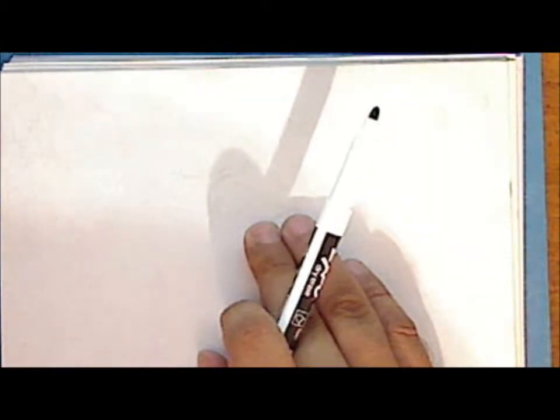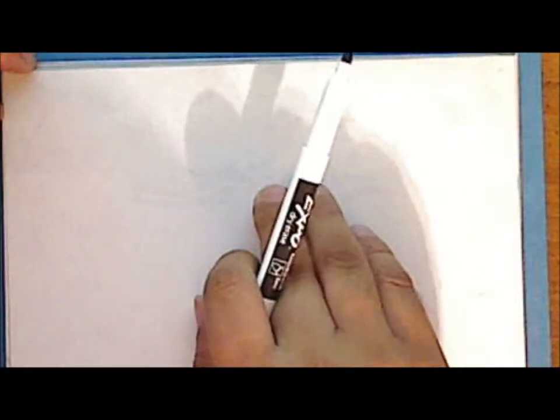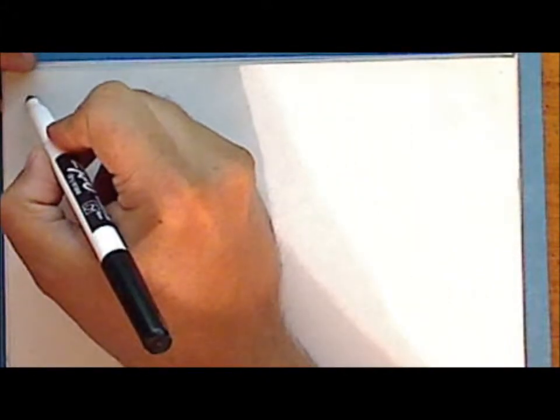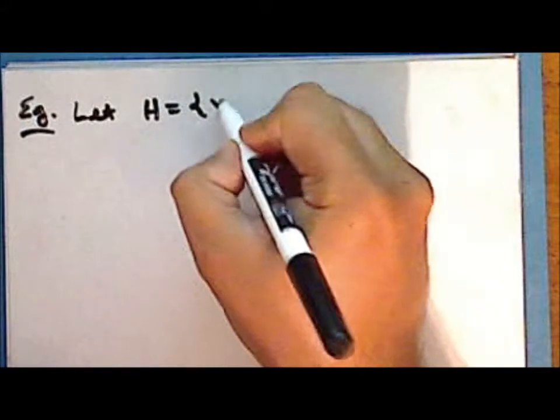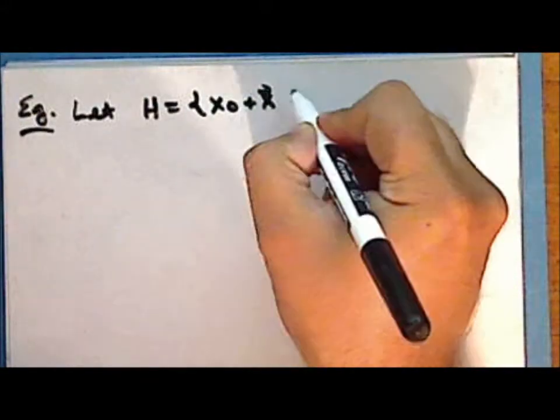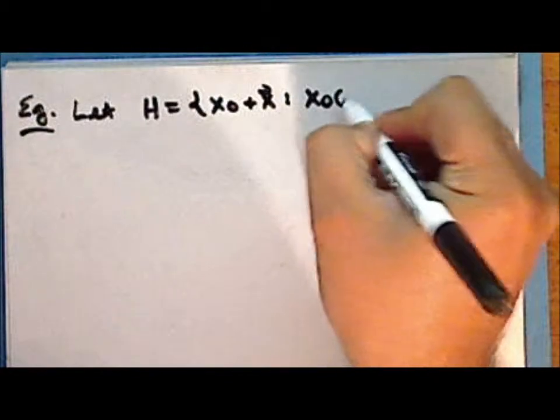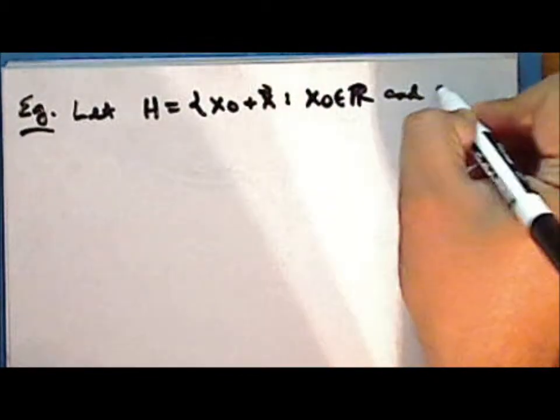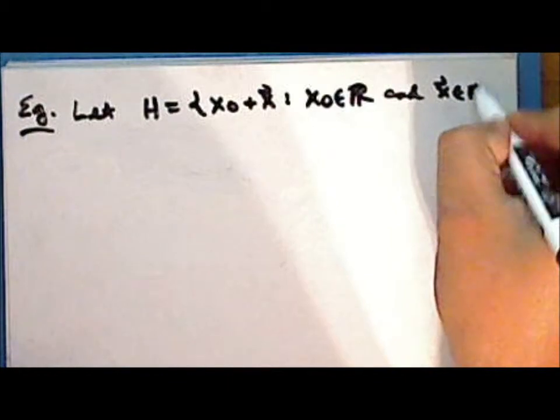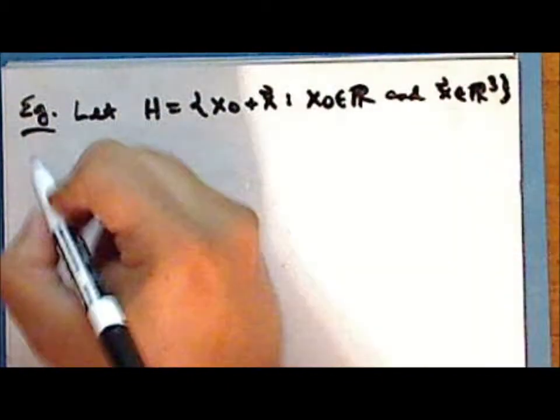Now, the Quaternions is not a field, rather it is a skew field, and so there are some interesting implications for solutions of equations in the Quaternion algebra. So let the Quaternions be considered as elements of the form x sub naught plus the three-dimensional vector x, where x sub naught is a real scalar and the three-dimensional vector x is a three-dimensional real vector.